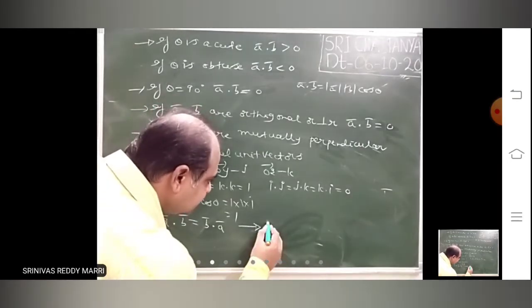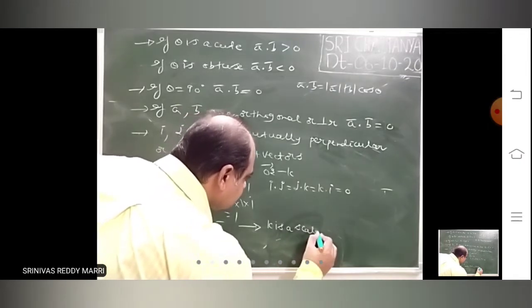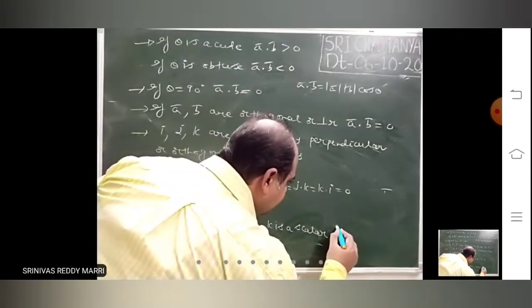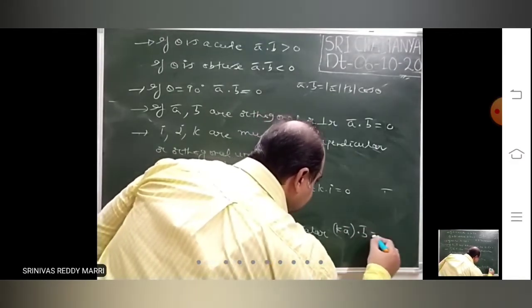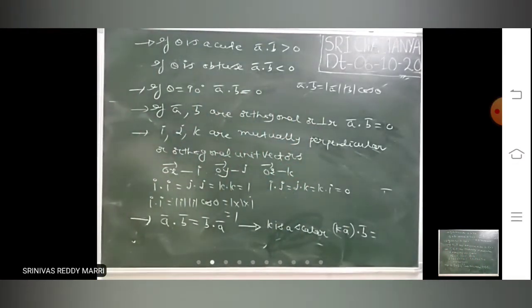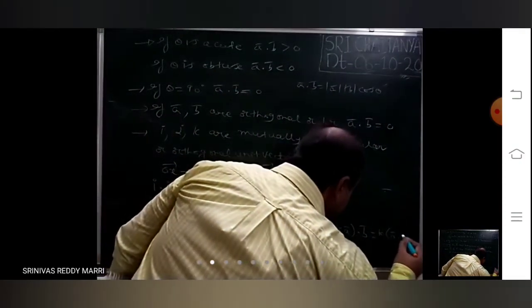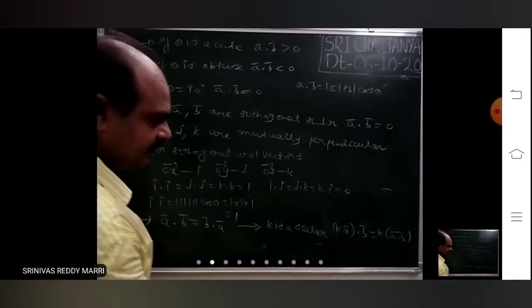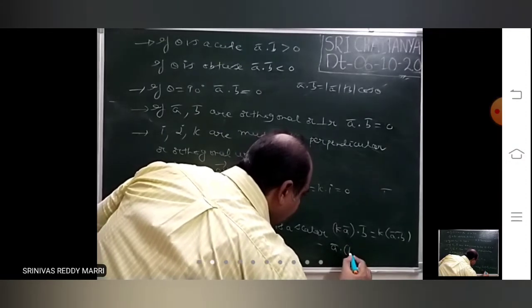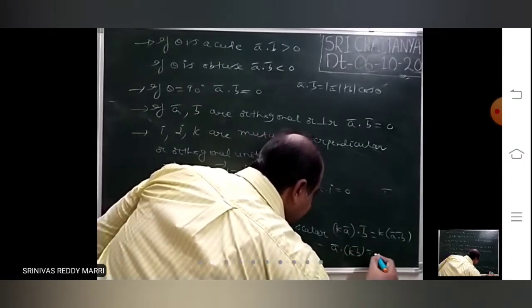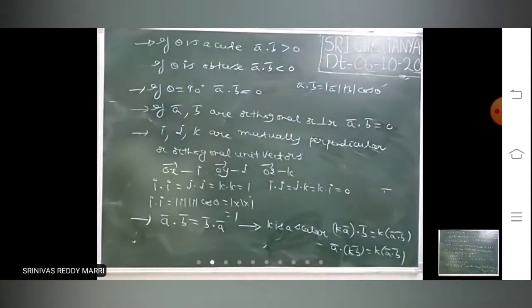If a scalar is there, let us say K is a scalar, then K A bar dot B bar, this scalar you can write outside: K into A bar dot B bar. Similarly, if A bar dot K B bar is there, you can write the scalar outside: K into A bar dot B bar.